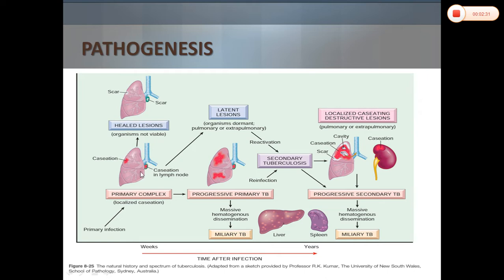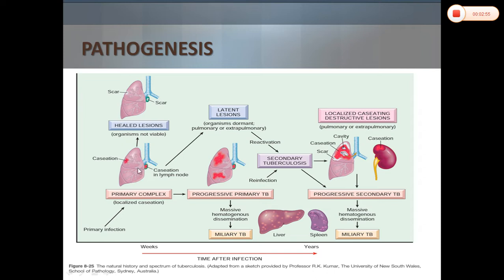Here the infection will be seen in the lower part of the upper lobe, and the affected part undergoes caseation. If the organism is drained into the sentinel lymph nodes, there will be caseation in the lymph node too. And this caseation in the lung parenchyma is called Ghon focus.